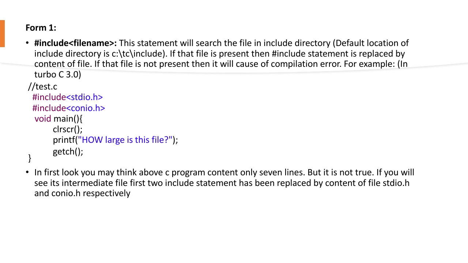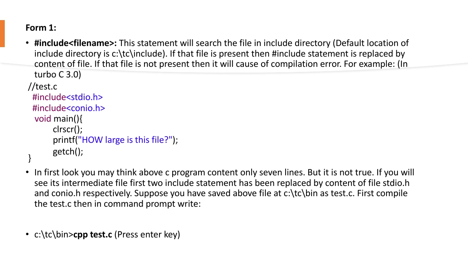First compile test.c, then in the command prompt write the following commands: tc/bin cpp test.c, press enter, and the same with test.i at the end, press enter. Then you will get the following intermediate files.